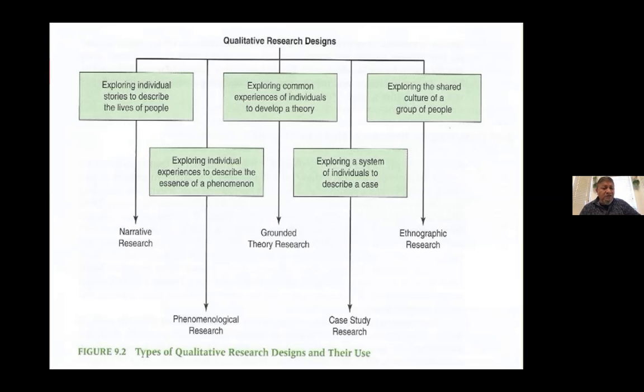So the next one is phenomenological research, exploring individual experiences to describe the essence of a phenomenon, right? So in this case, what happened to you as a newcomer? Newcomer is the phenomenon, and then you want to find out from people what their experiences were as newcomers in the school setting. In some cases, phenomenological research helps you understand that the students are struggling.